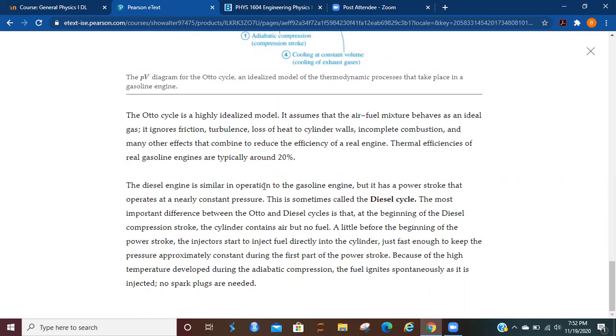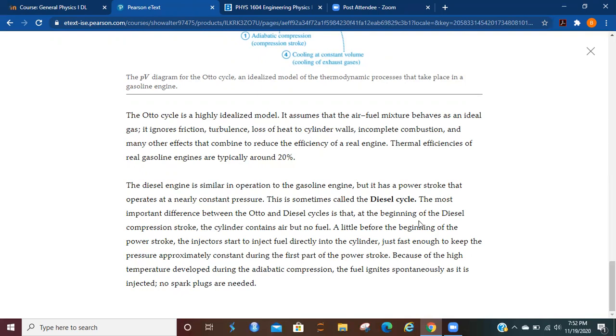The diesel engine is similar to the gasoline engine, but it has a power stroke that operates at a nearly constant pressure, and is sometimes called the diesel cycle. The most important difference between the Otto and the diesel cycles is that at the beginning of the diesel compression stroke, the cylinder contains air but no fuel.